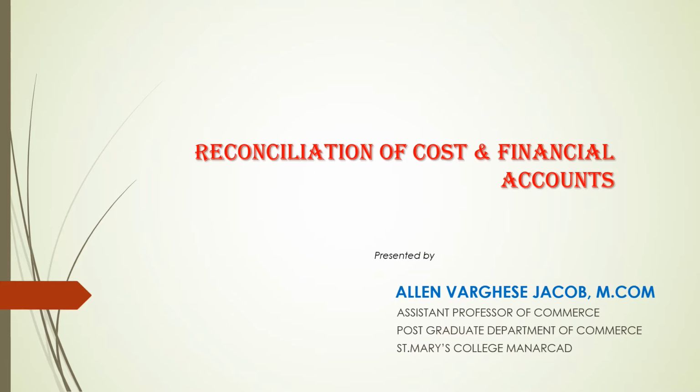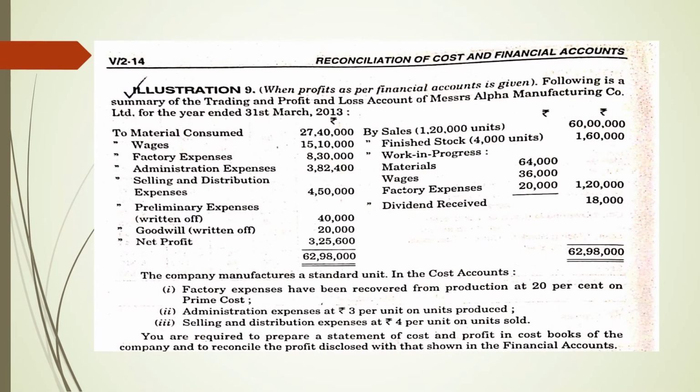Today, I am going to discuss with you an area of reconciliation of cost and financial accounts. The second case of reconciliation is when the profits as per financial accounts are given. Look at that illustration.